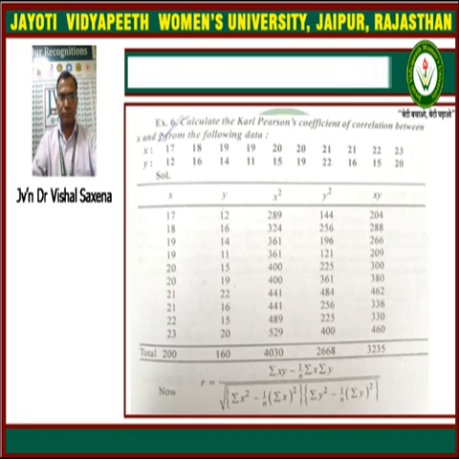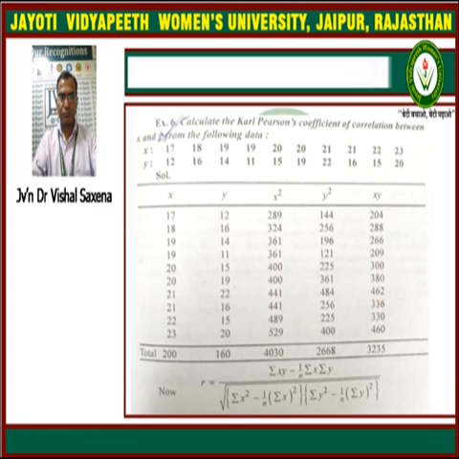As required in the formula, we make a table. We make a column for the variable x, then the values of y, then next columns for x square, y square, and xy.